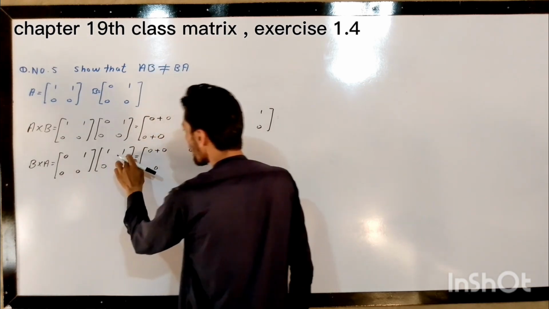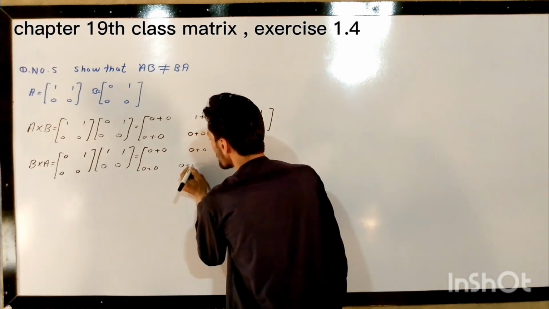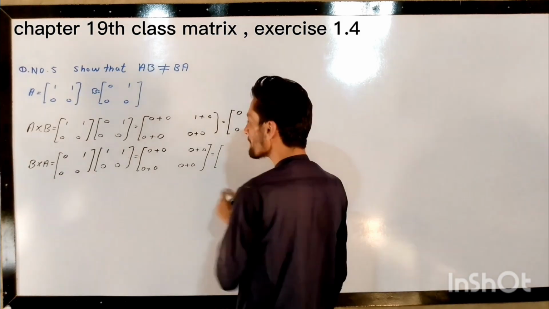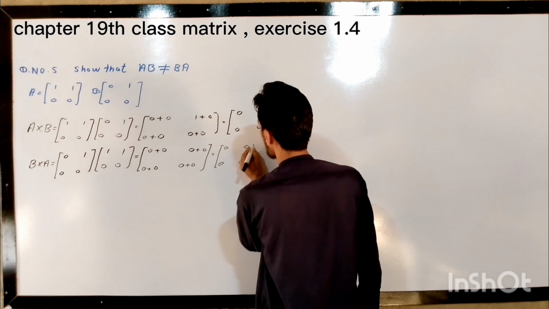After that, 0 multiplied with 1 is equal to 0 plus 0 multiplied with 0 is equal to 0. So, the result matrix X is 0, 0, 0, 0.